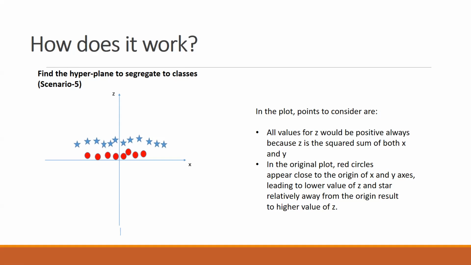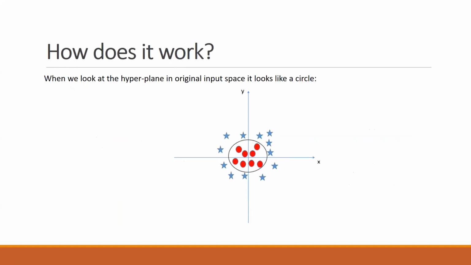Simply put, it does some extremely complex data transformations, then finds out the process to separate the data based on the labels or outputs that we have identified. When we look at the hyperplane in the original input space, it looks like a circle.